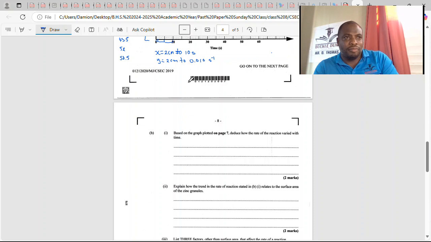So it decreased. No, you can't just say decrease. You're going to have to be more specific. You're not saying the incorrect thing, but don't just write the word decrease on the line.